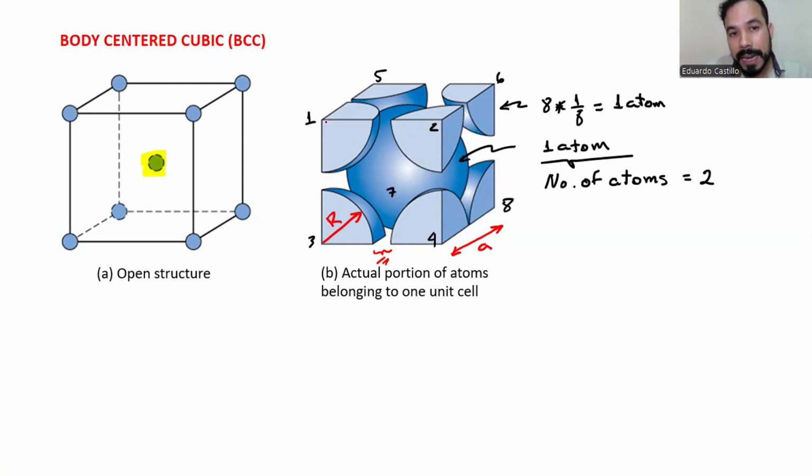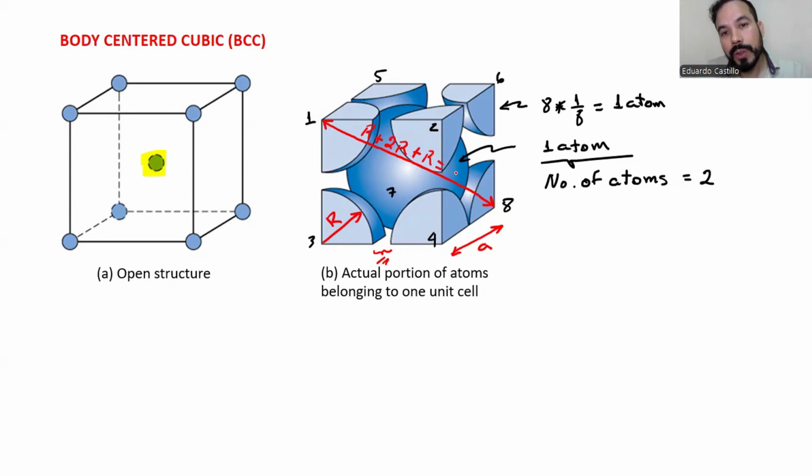But something I can notice is that if I draw a diagonal that crosses one point of the unit cell, this is equal to 1R plus 2R, that is the diameter of the center atom, plus the radius of this atom.